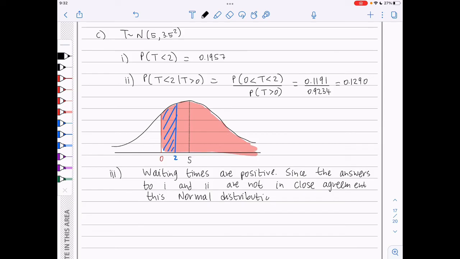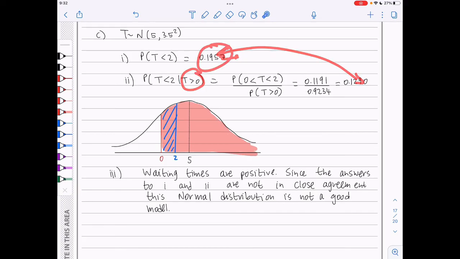So all we are saying is that being a model that looks at waiting times, it shouldn't really allow for a negative waiting time. So if we took into account the fact that T is greater than 0, which we know for certain that it should be the case, these two values shouldn't differ so much. But this is almost 20% and this is 13%. That's a large difference. So we conclude that this normal distribution is not a good model.